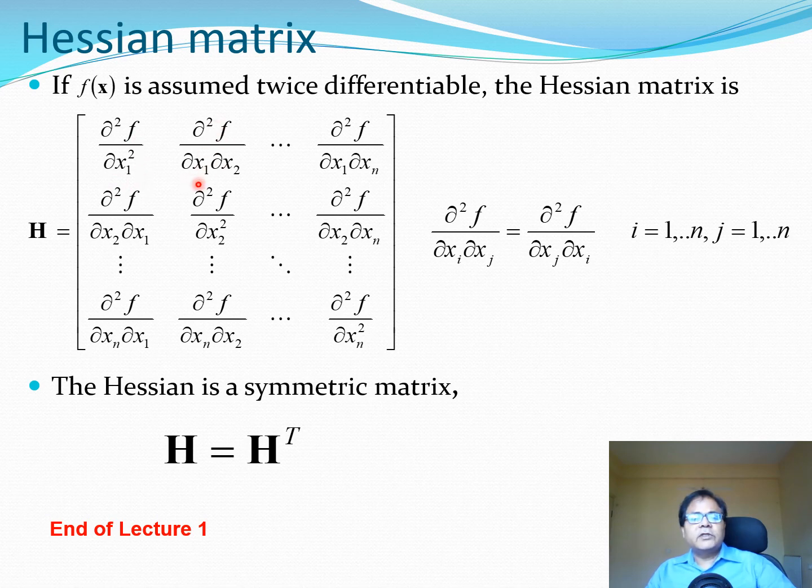Here you take it with respect to x1 and then with respect to x2, and so on all the way to x1 to xn. And by the nature of partial derivatives, this matrix comes out to be symmetric. So the H matrix is a symmetric matrix, H is equal to H transpose.